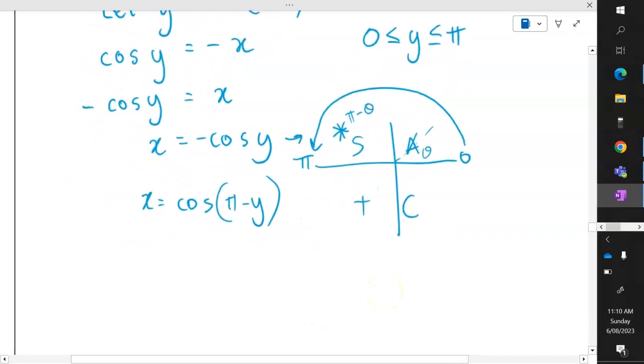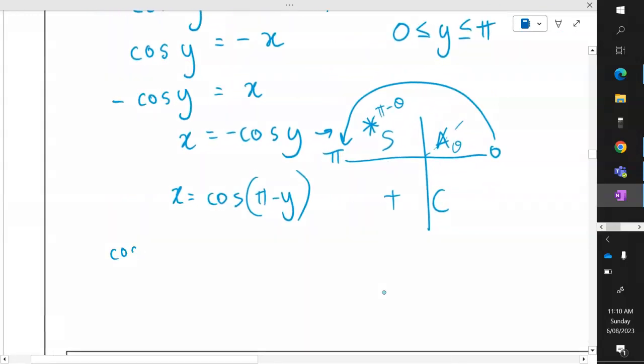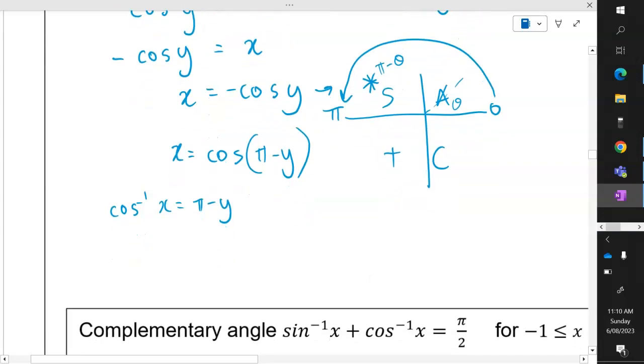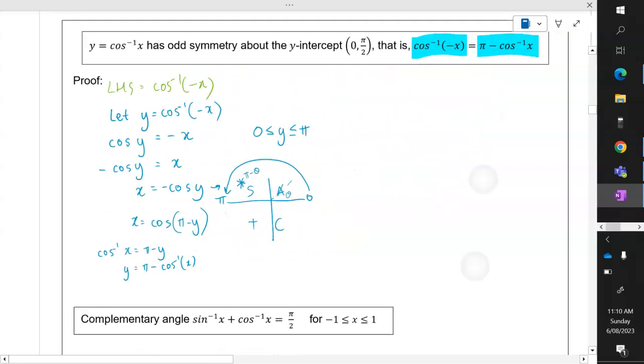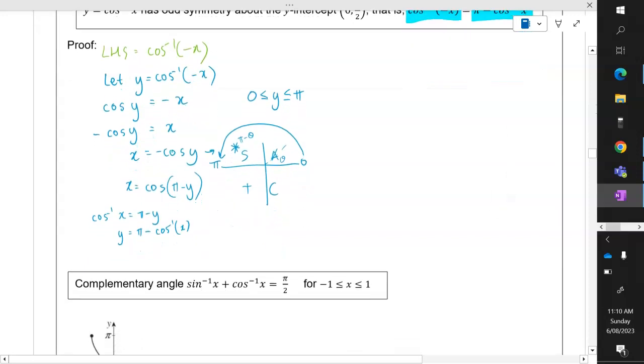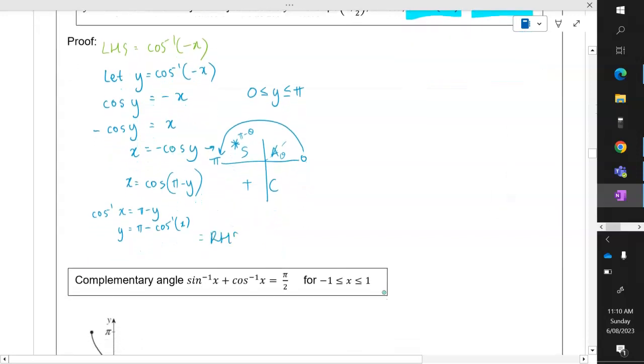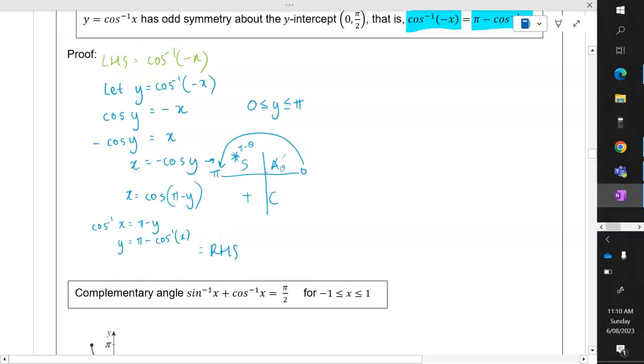So what I'm going to say is that cos inverse of x is going to equal pi minus y. We're nearly there. I am going to write that also as y is equal to pi minus cos inverse of x. Let's have a look back at our question, which is what we wanted, our right-hand side. So there's that proof done.